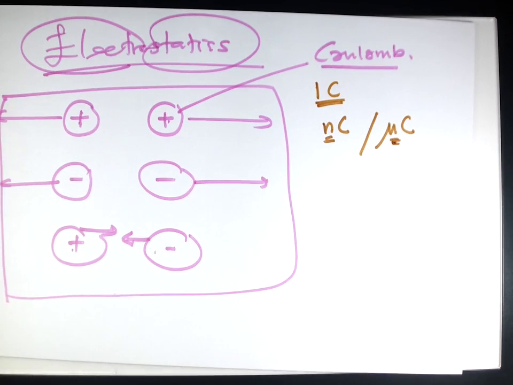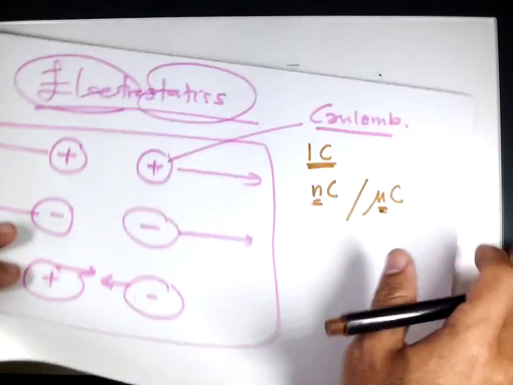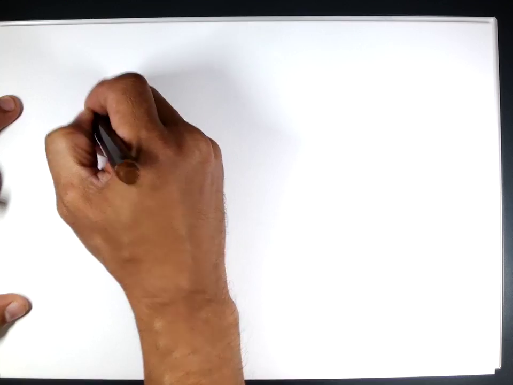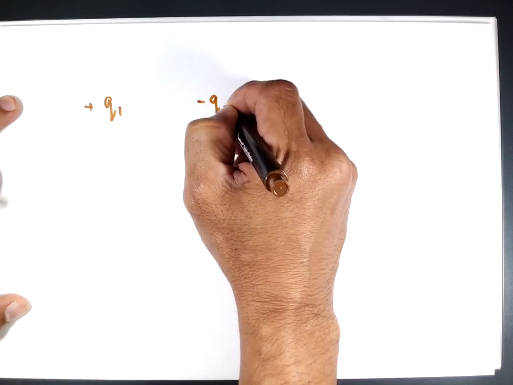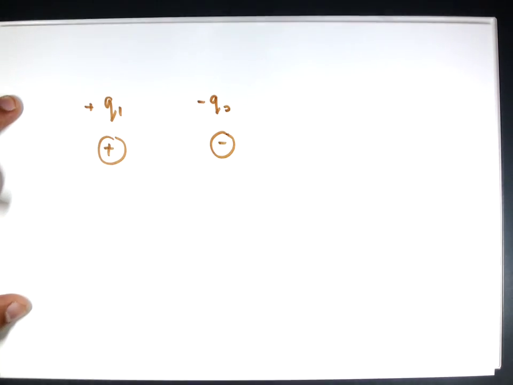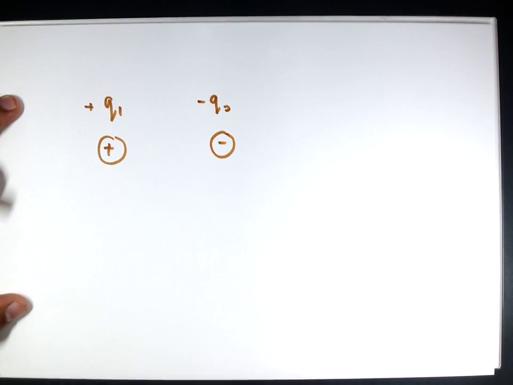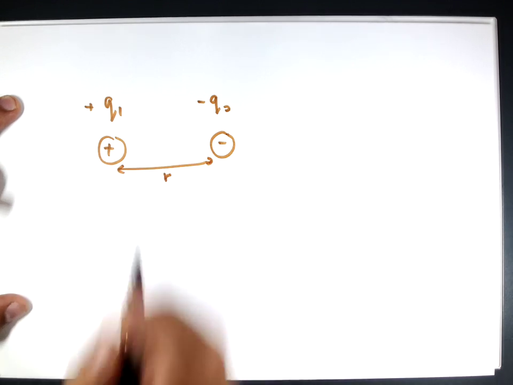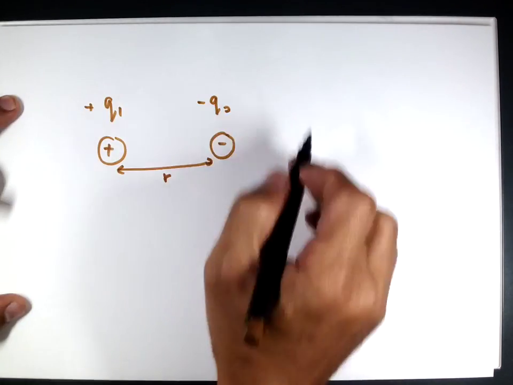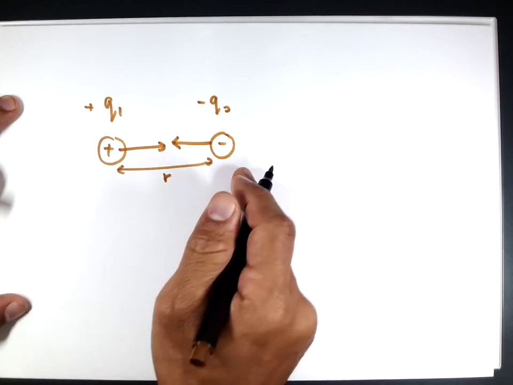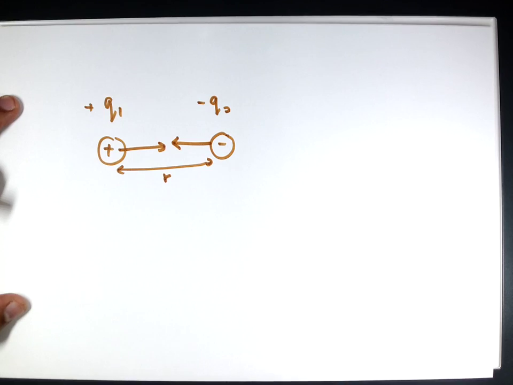Okay, let's say we have charge Q1. Say I have positive and negative Q2. Okay, now I want to know, this is the distance between them, R. So what is the attractive force produced between these two charges when they interact?